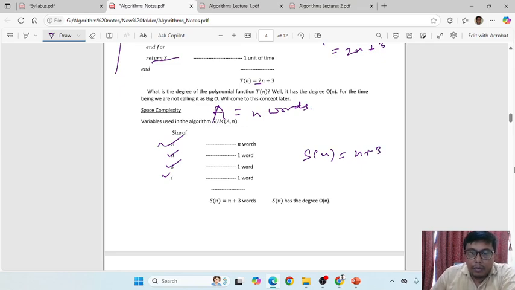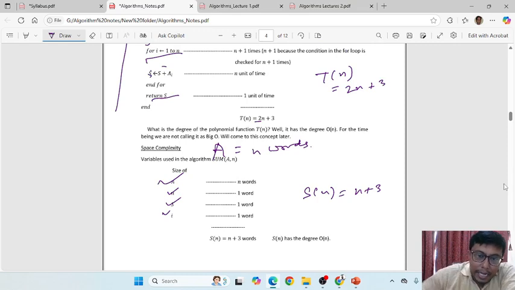Now we have discussed your T(n) and S(n). Now we will represent T(n) and S(n) in terms of asymptotic notation. That I will tell you in my second lecture class. So up to here, I am concluding my first lecture.